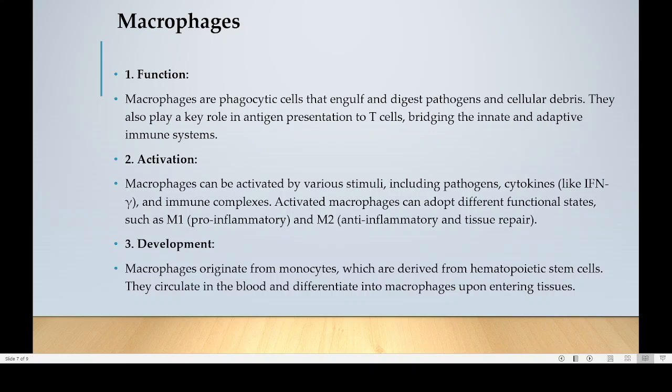See here you can see the antigen presentation to the T cell. This is one important function, so this is the T cell. Here you can see that there is some antigen present. This is known as an antigen presenting cell.